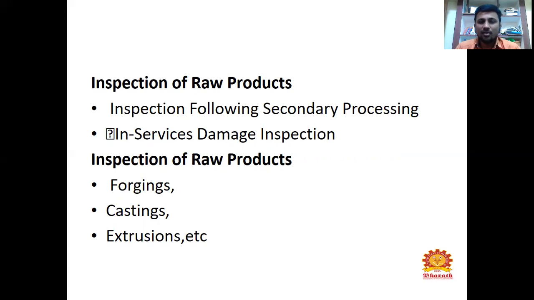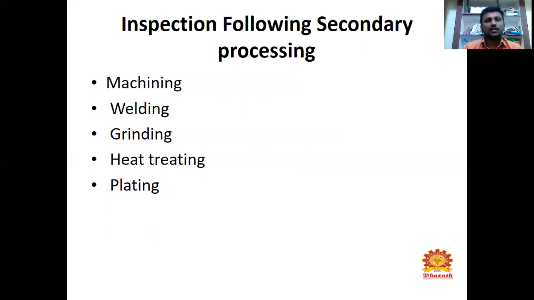Then inspection of raw products: in forging, casting, and extrusion, that is where we can see so many flaws happening. So in those processes, NDT methods are used in inspection to reduce the flaws. The inspection following secondary processes: what are those?